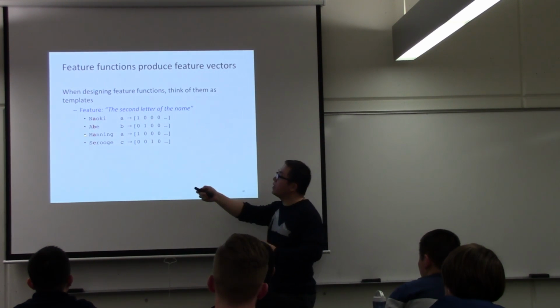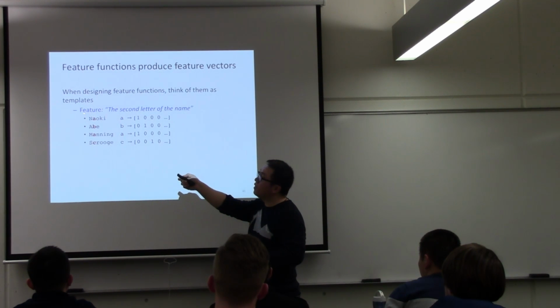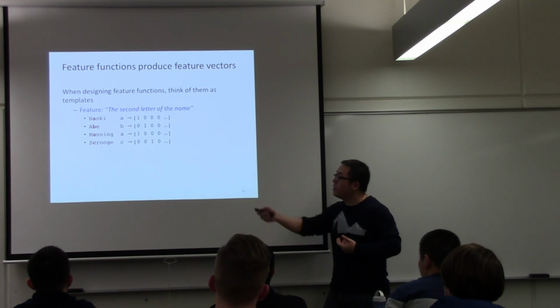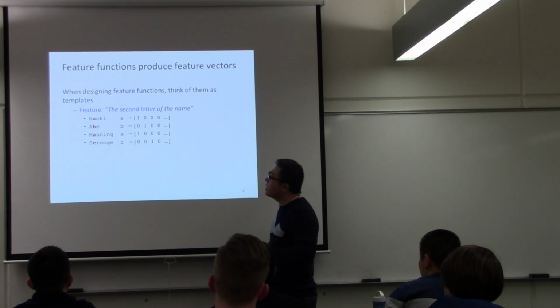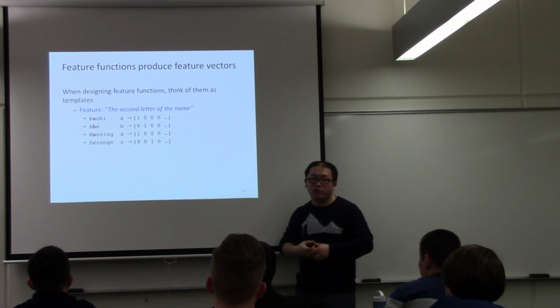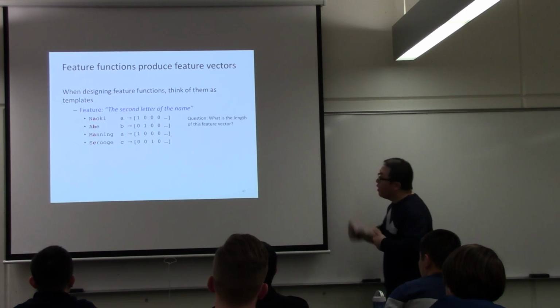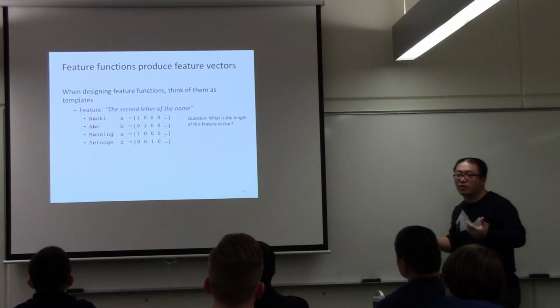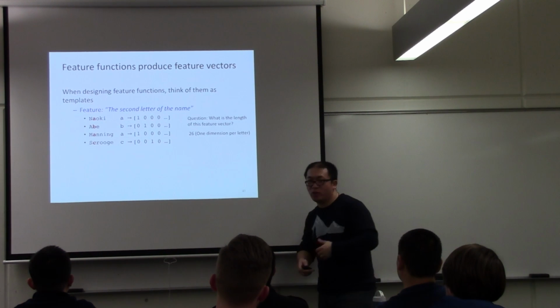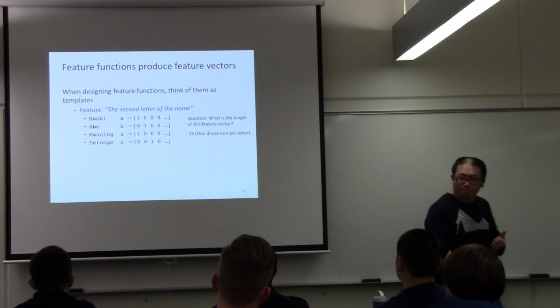And the third instance, Manny, has the same feature vector as Nokia. And in the fourth instance, the second letter is C. So in our feature vector representation, the third dimension is 1, because C is the third letter in the alphabet. So here comes the question: how long is this feature vector? 26. Yeah, 26, right? Because we have 26 unique letters in our alphabet.